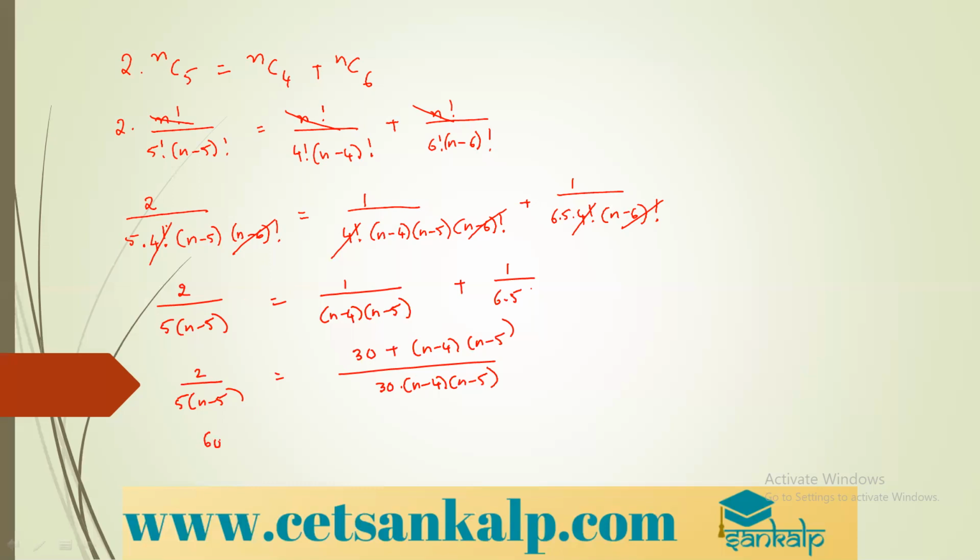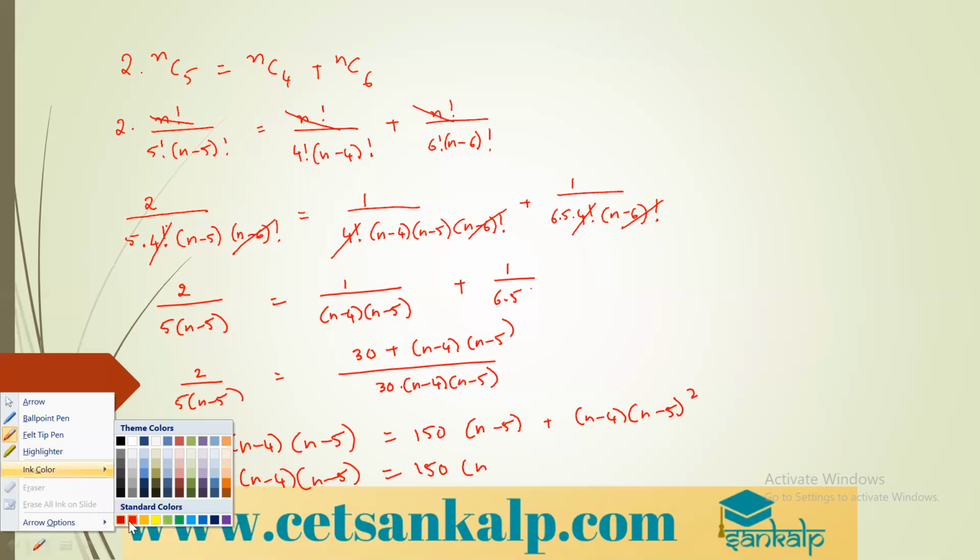So I will have 60 into n minus 4 into n minus 5 equal to 150 into n minus 5 plus n minus 4 into n minus 5 whole square. This further I have to simplify. So I will write 60 into n minus 4 into n minus 5.